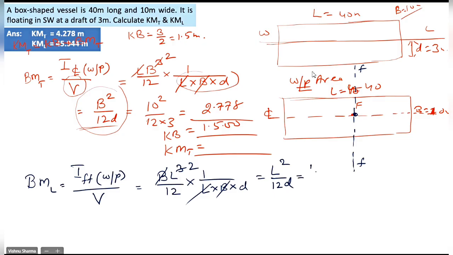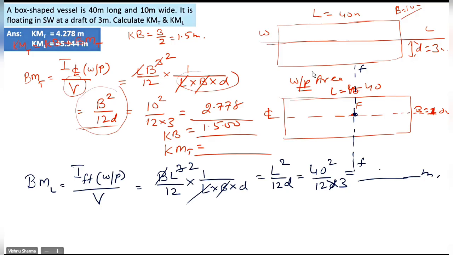That means 40 squared by 12D. D is 3, okay? You get so much of BML. What is the BML you're getting, guys?